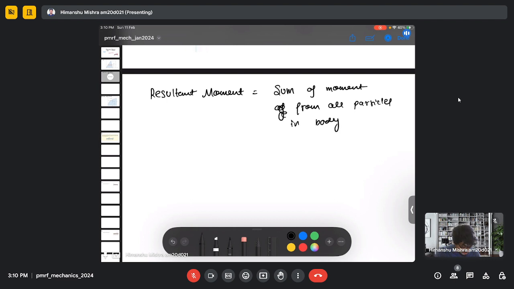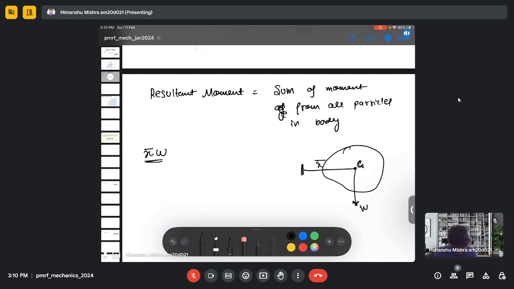So basically I have a body and it has some location. Let's say this location specifies the center of gravity, and it will create some moment. This is the weight of the body and this is the location of the center of gravity, and the moment is x bar W, where x bar is the location from the origin to the center of gravity point.